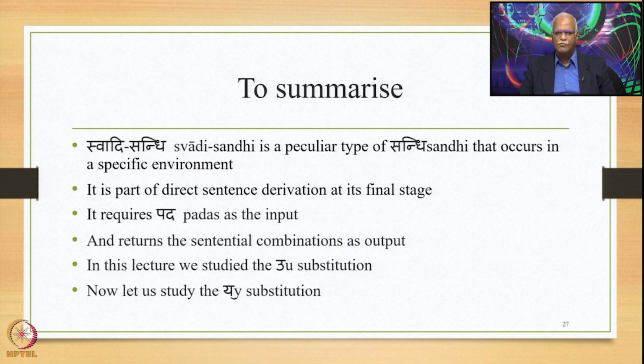This Swadi Sandhi requires padas as the input and returns the sentential combinations as output. In this lecture, we studied the U substitution that substitutes Ru at the end of a pada. Now let us study the Ya substitution in the next lecture. Thank you for your patience.